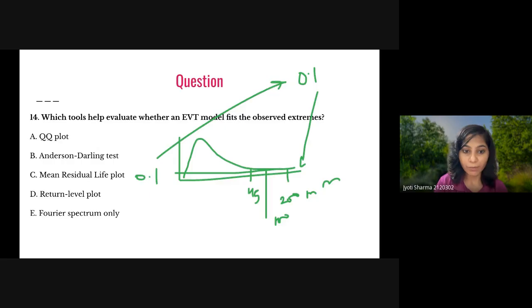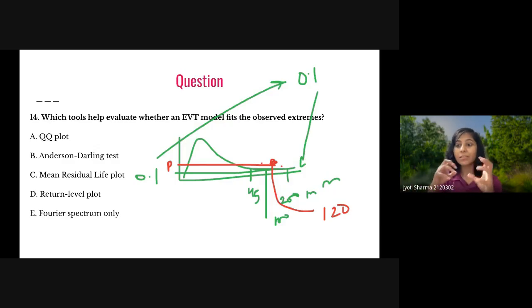But it may be that your real data is lying here. Let's say this is 120, but 120 is having high probability. It means that the distribution that we fit into our data set is not giving exactly our observed extremes. So there may be some discrepancy.